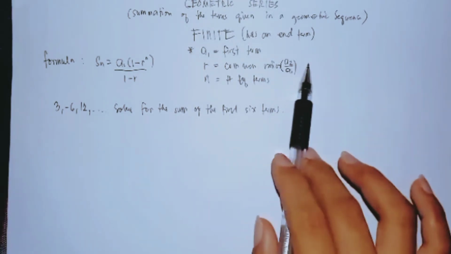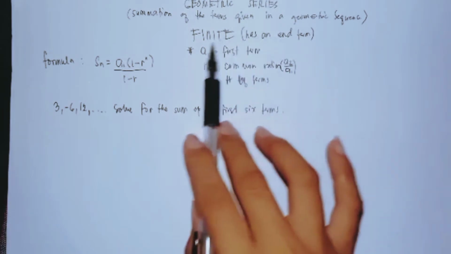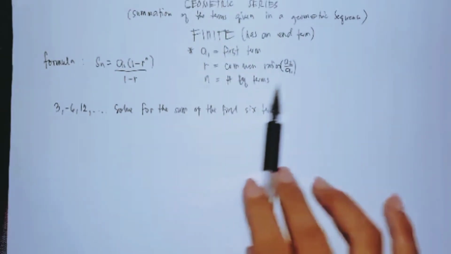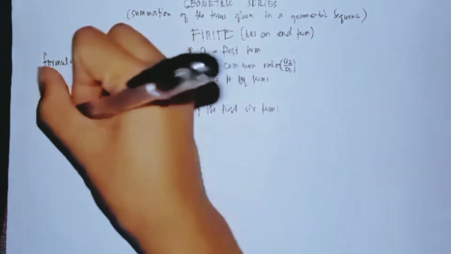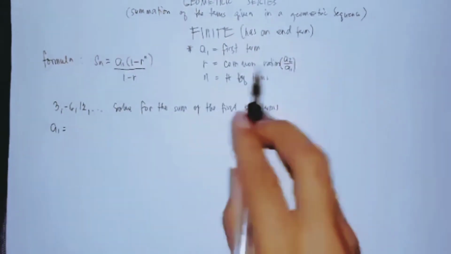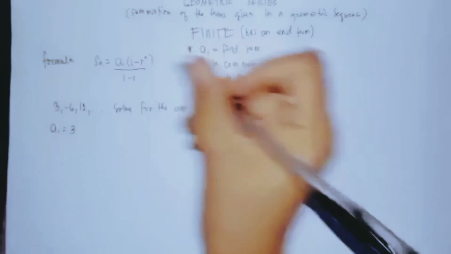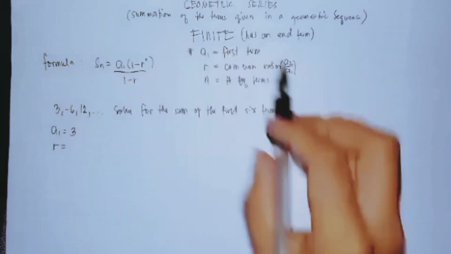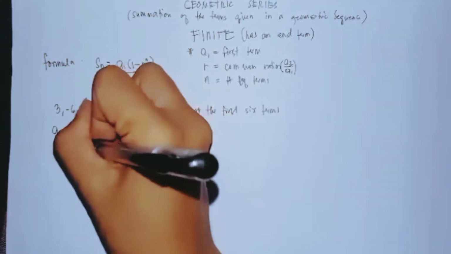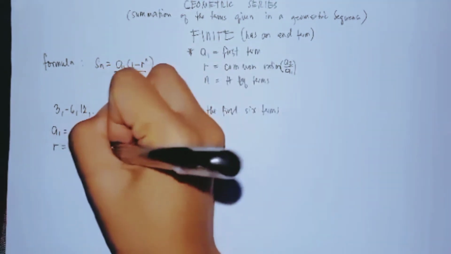So, unang-una, let's find the values of these terms, A1, r, and n. For A1, first term, siya yung nauna. In this case, it's 3. And then, common ratio r is denoted by A2 divided by A1.